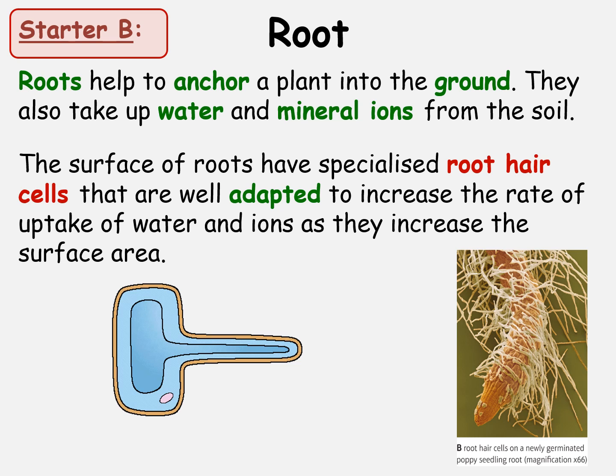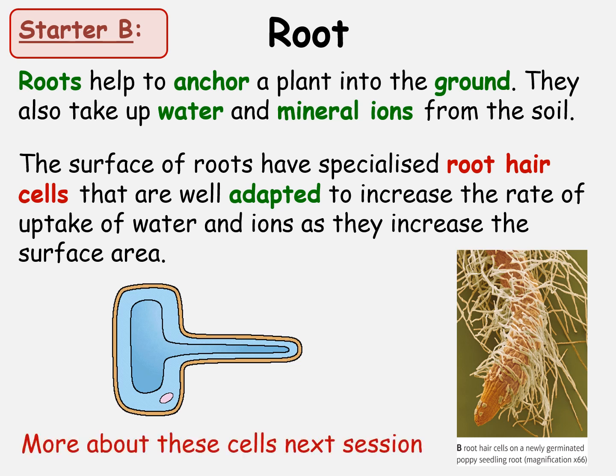So there's a much greater surface area over which the cell can take up the water and the ions that they need. Now you'll be looking at the structure of root hair cells a lot more in the next session, so I'm not really going to explain too much more about that to you now.